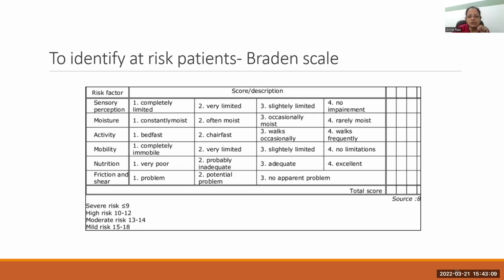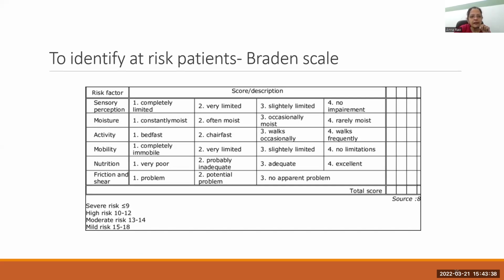Depending on the total points, we can identify whether the patient is at severe risk if he falls below 9 points. If he is in a high risk group, his score will be 10 to 12. If he is at moderate risk, his score will be 13 to 14, and a mild risk patient will score 15 to 18.